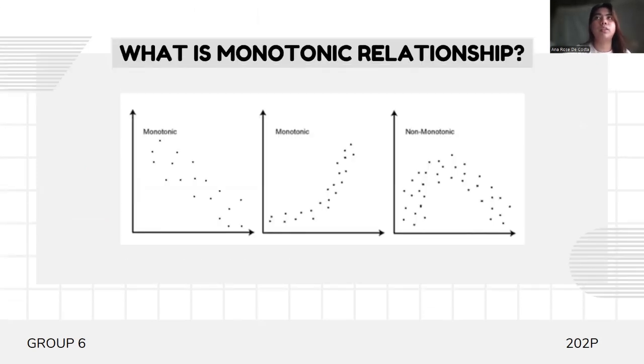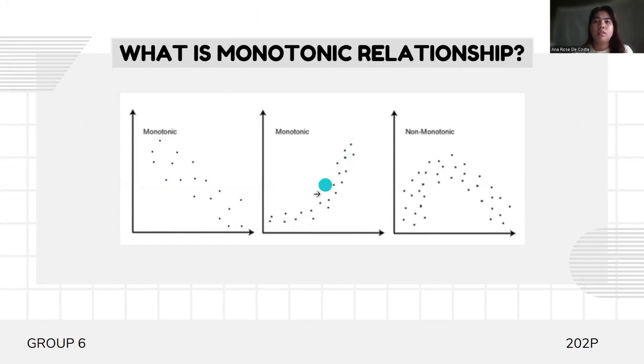So what is a monotonic relationship? A monotonic relationship is a relationship that does one of the following. First, monotonically increasing: when the x variable increases, the y variable never decreases.